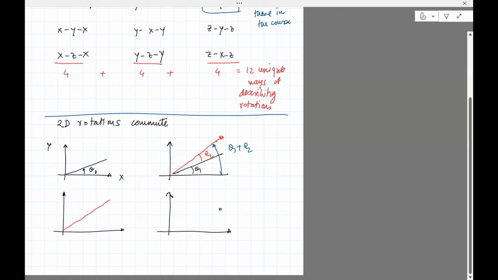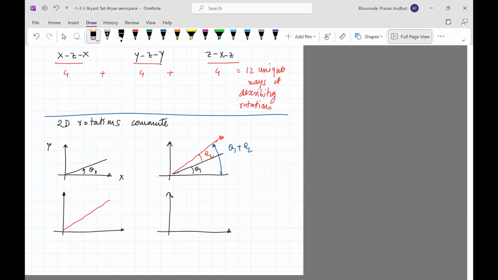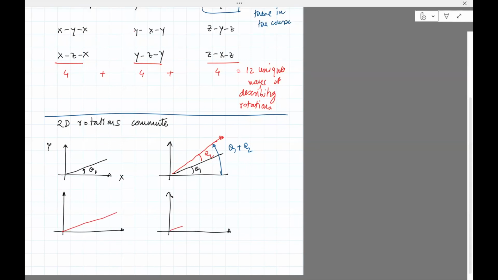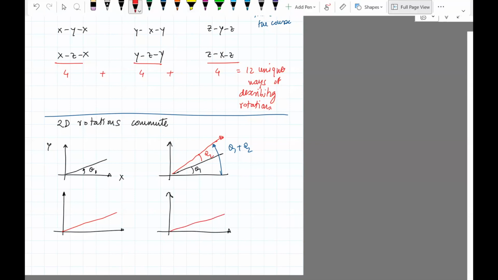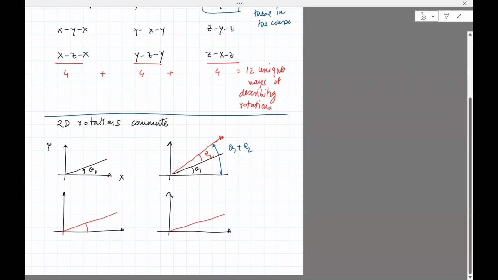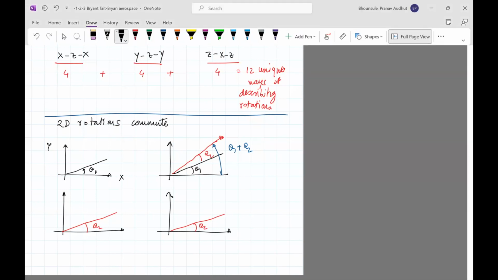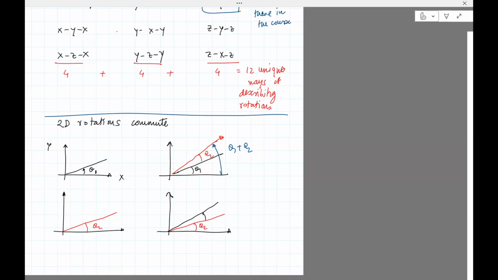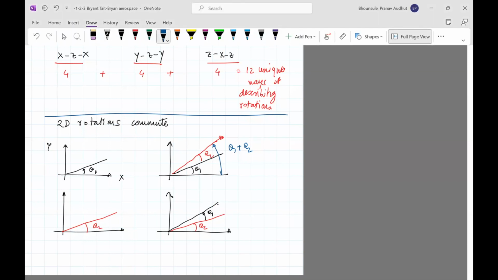I think I should have shown this a little smaller. θ1 is slightly less than θ2. Okay, let's call it θ2. And now do θ1. This whole thing is θ1 plus θ2.